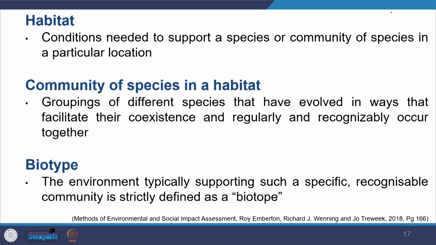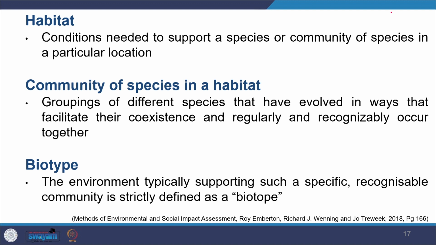When we say community, we mean a grouping of different species that have evolved in a way that allows them to live together and coexist, and they are generally seen together. You will be able to find them together all the time. That is what is meant by community of species in a habitat.